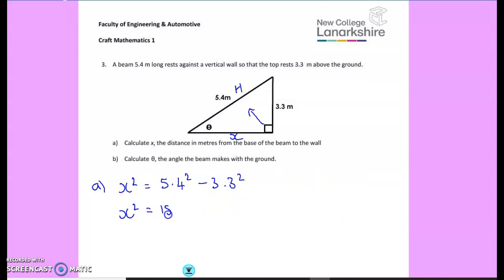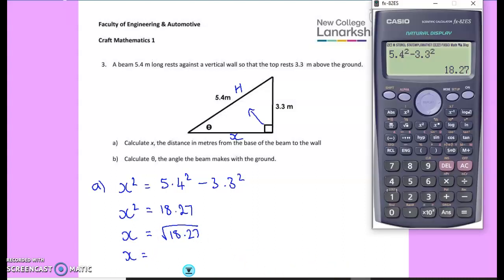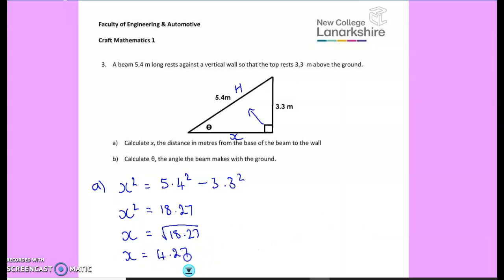Which is 18.27. Again, that's x squared. I just want x, so let's take the square root. Which is 4.27 metres.